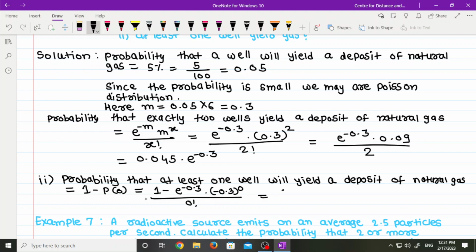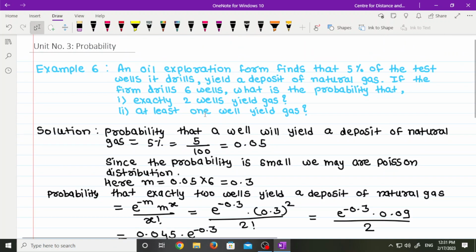Since 0.3 raised to 0 is 1 and 0 factorial is 1, we get only 1 minus e raised to minus 0.3. This is the probability for at least one well yielding gas.